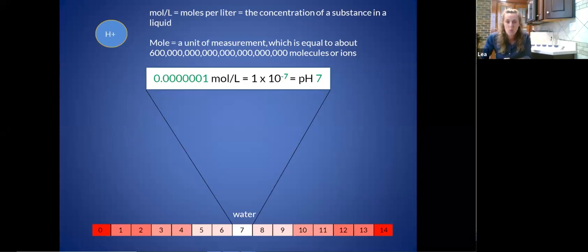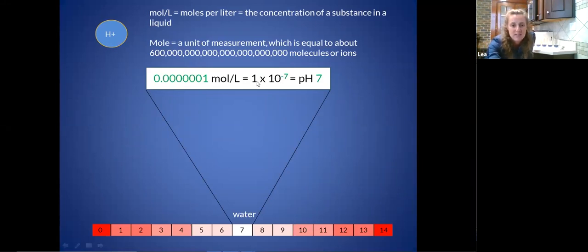It turns out that water has about 0.0000001 moles per liter. This is a very, very tiny amount. Since this number is a bit ridiculous, we're just going to write it in a shorthand. 0.0000001 moles per liter can actually be written in a shorthand that looks like 1 × 10 to the -7.